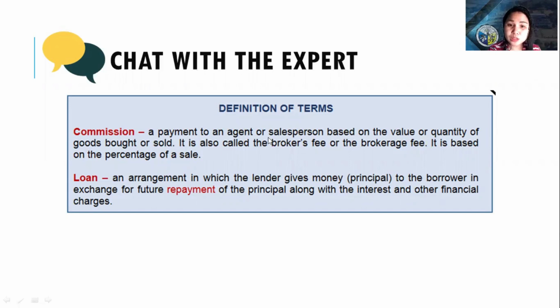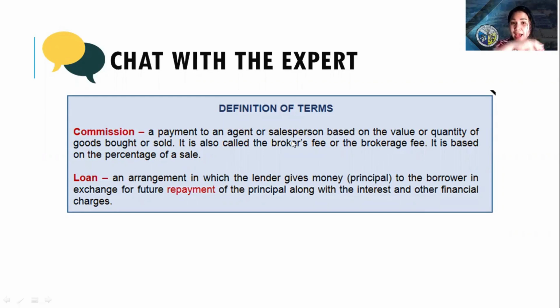It's also called the broker's fee, or the brokerage fee. It is based on the percentage of a sale. Now, what is a broker? For example, I own a house and I want to sell it, but I don't want direct selling because I'm not good in business.